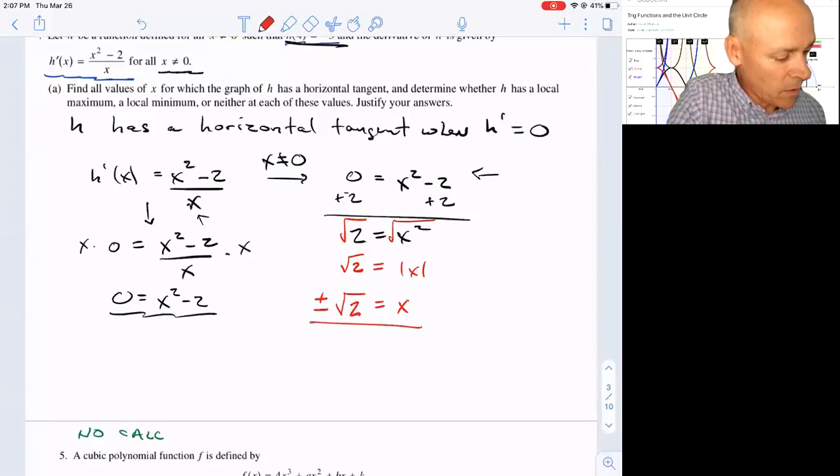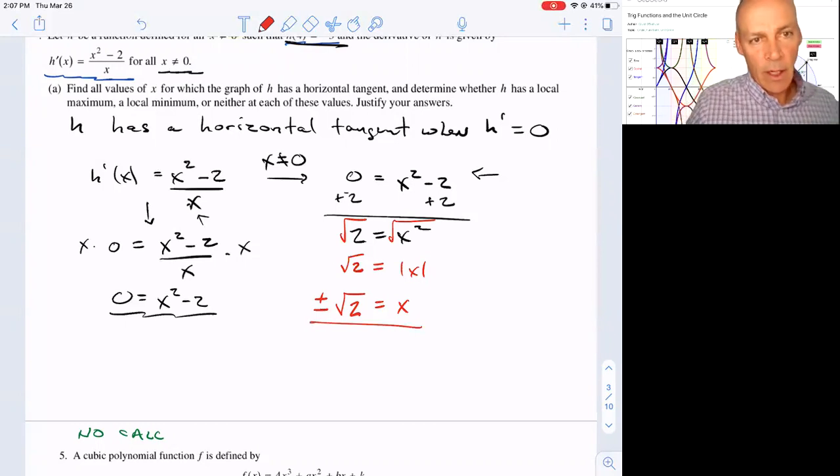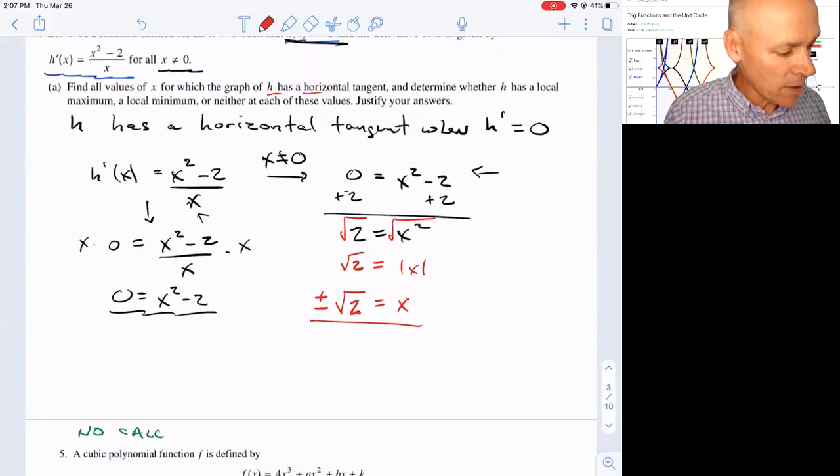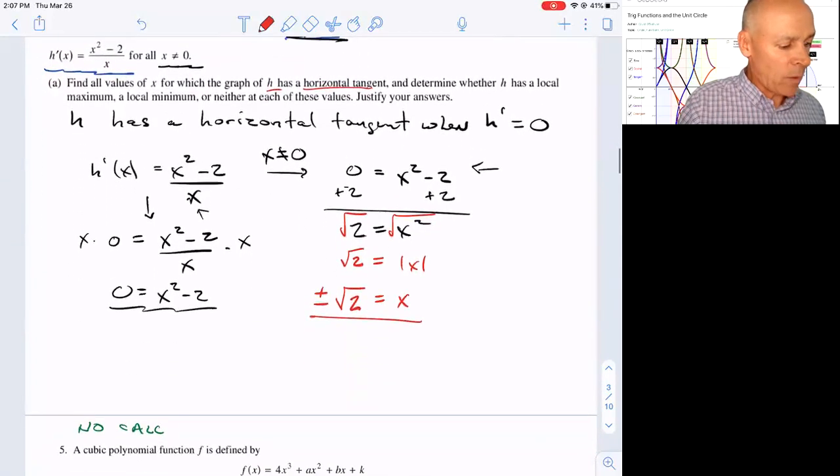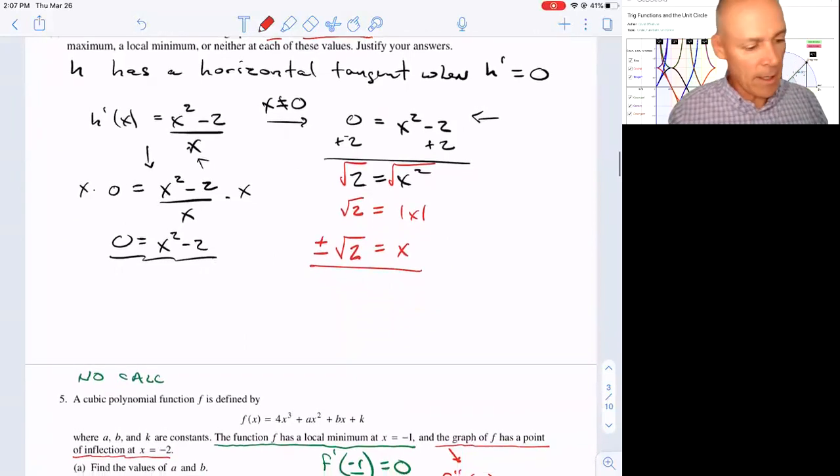So those are my two values of x that would cause my first derivative to equal 0, and therefore would lead to h having a horizontal tangent line.